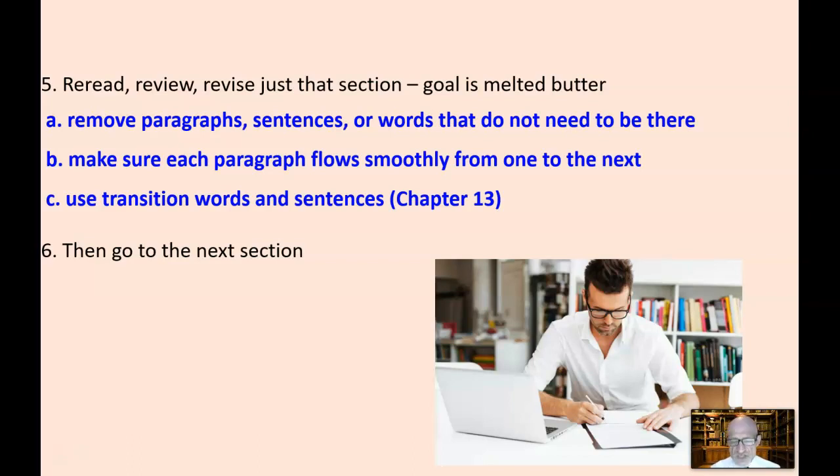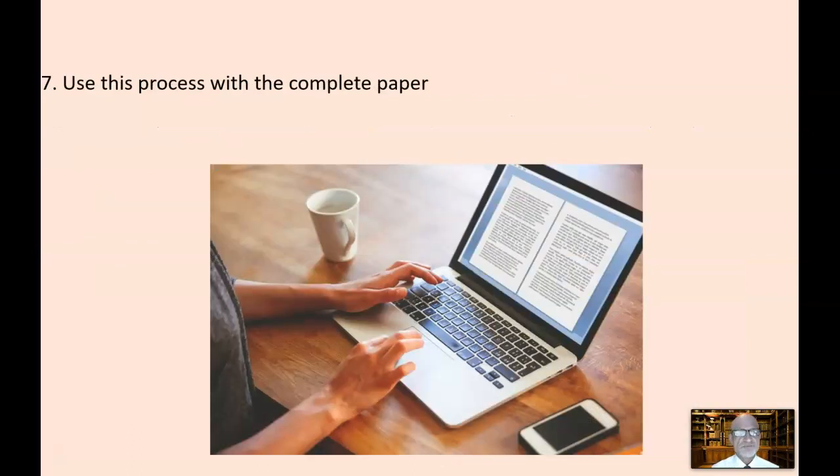Use transition words and sentences so that one paragraph flows into the next, and that's in chapter 13. Use headings and subheadings to make sure you can see the structure. When that section is finished, then go on to the next section and start again with sentence, paragraph, sentence, paragraph, sentence, paragraph. All right, go to the next section.